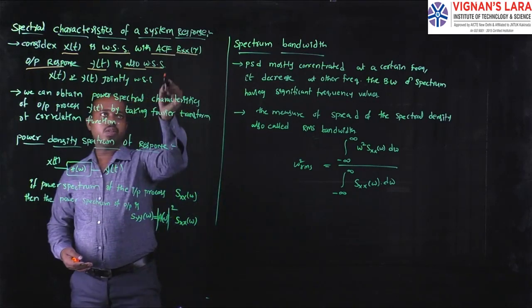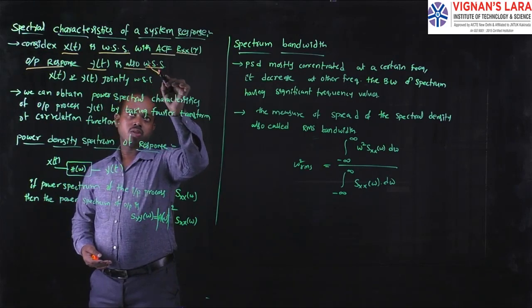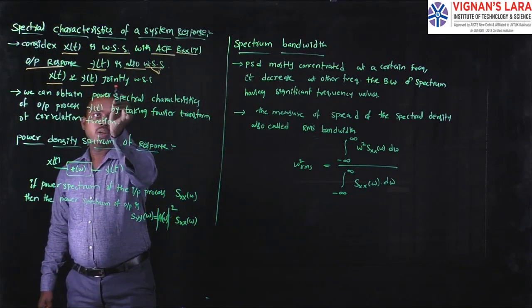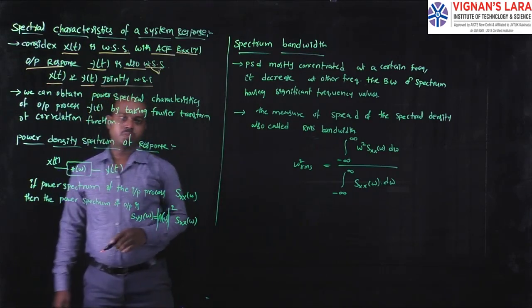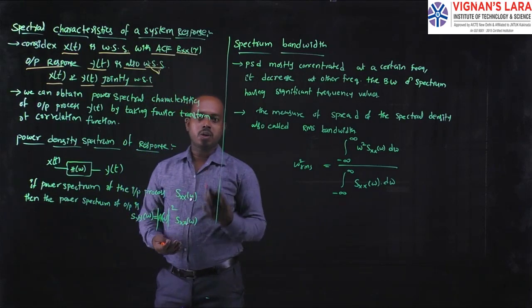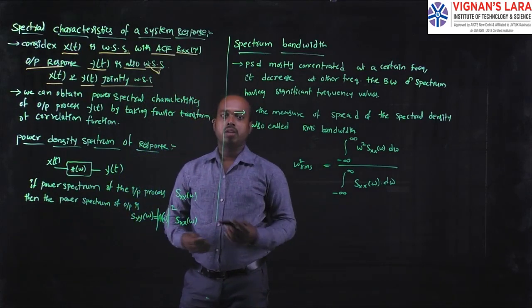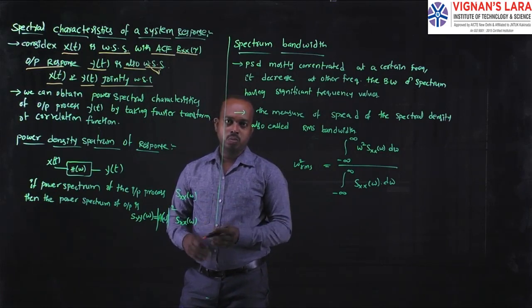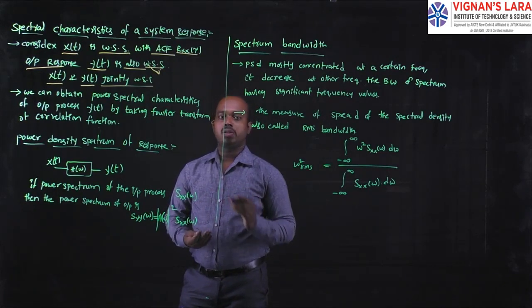WSS means, as we already know, a wide or weak sense stationary random process. Now x of t and y of t are jointly WSS. Since x of t is WSS, the output response of the system is also WSS, so we can simply say that x of t and y of t are both jointly WSS.